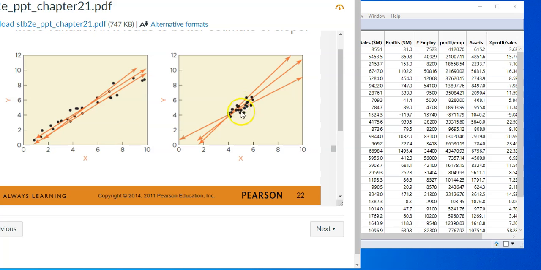Here we have a low standard deviation of x values. It means x values are just between 4 and 6, so they're not high in variation. There's not too much difference between these data.